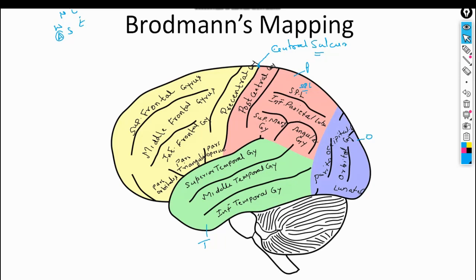Clear? Now in this temporal region, this is the lateral sulcus. The upper part of this lateral sulcus is the upper lip, and the lower one is the lower lip.